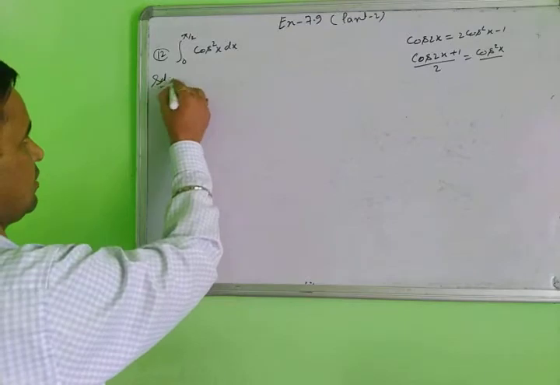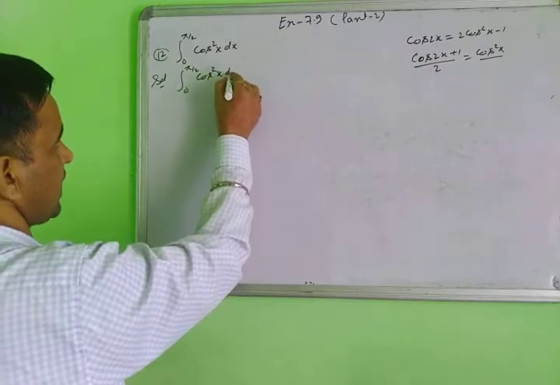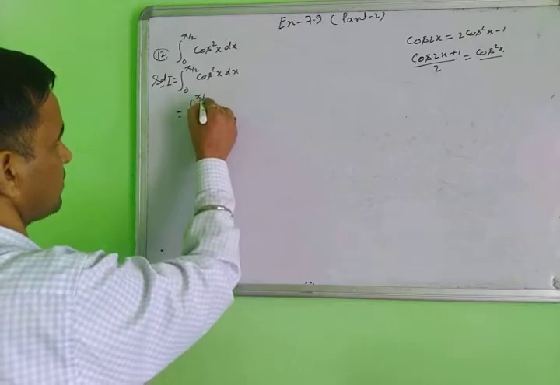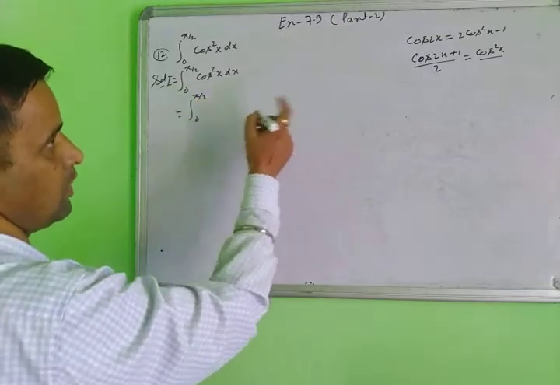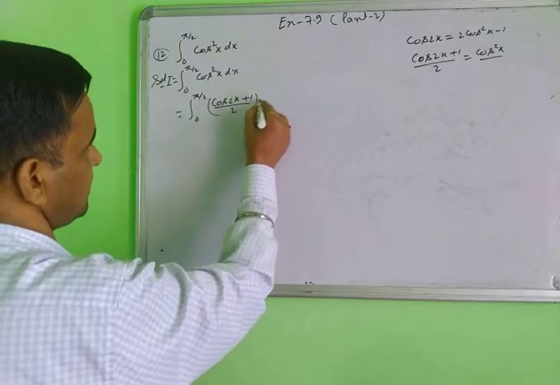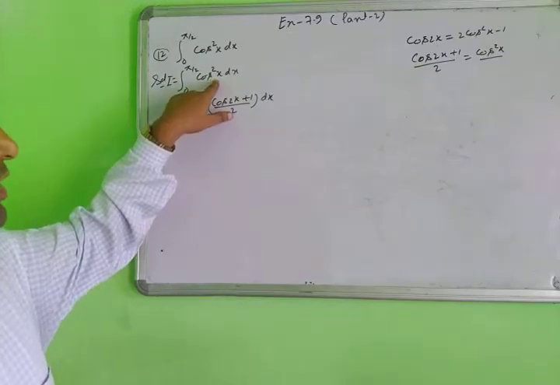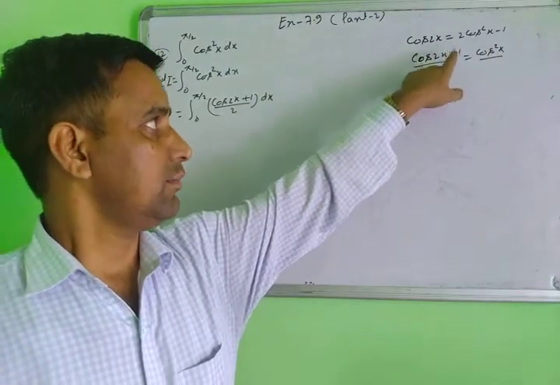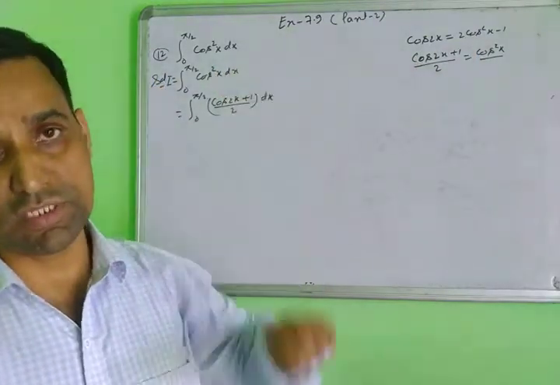Now the solution starts here. The integral from 0 to pi by 2 of cos square x dx equals the integral from 0 to pi by 2 of (cos 2x plus 1) upon 2 dx.